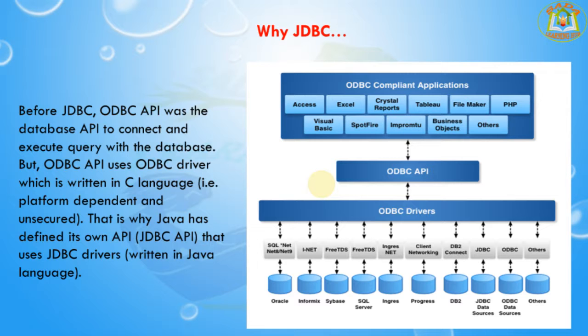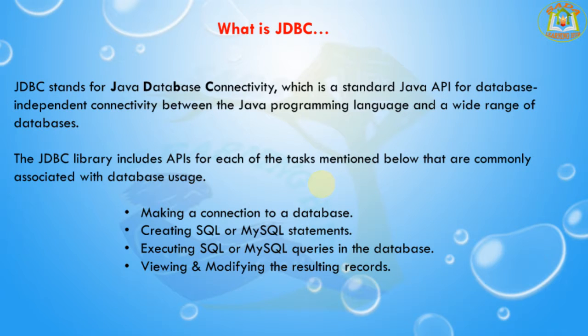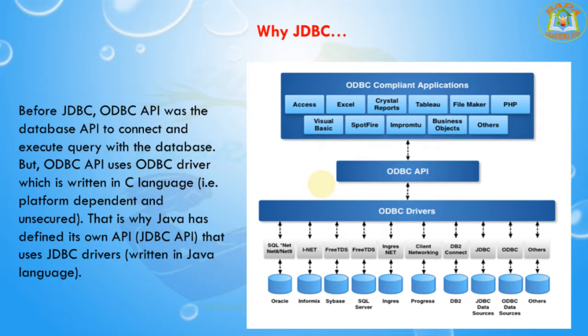Next, this is regarding what JDBC is. JDBC is a standard Java API for database-independent connectivity between the Java programming language and a wide range of databases. Why do you need JDBC? Before JDBC, the ODBC API was the database API to connect and execute queries with the database.